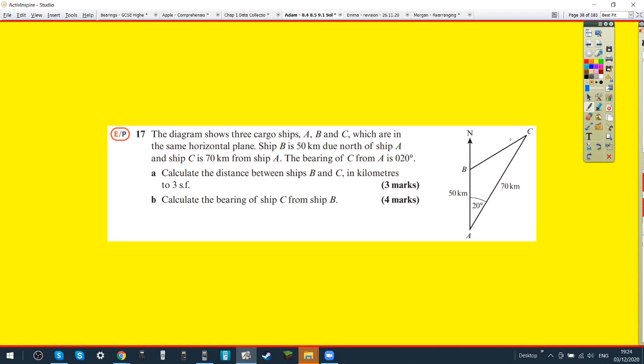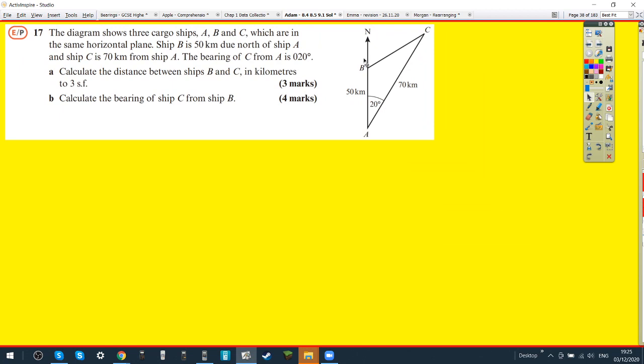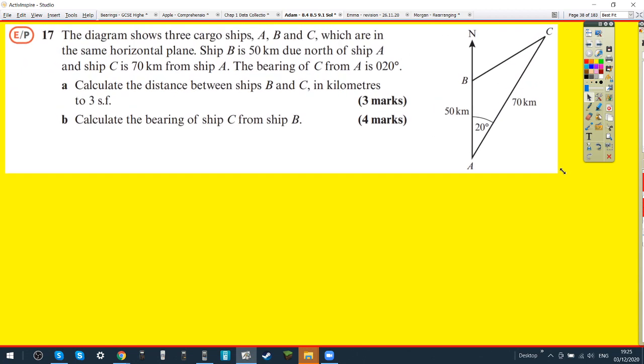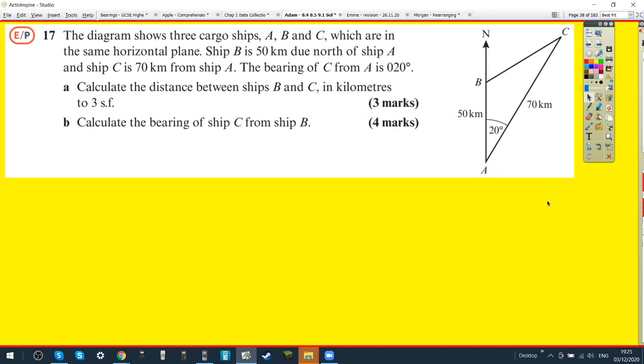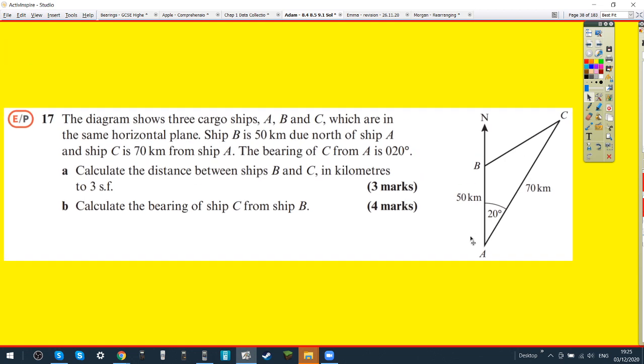This one, calculate the distance. That's fine. Calculate the bearing of ship C. So how would we go about part B? When it says the bearing from ship C to B, which bearing does it mean? Does it mean the one at B or the one at C? You tell me.